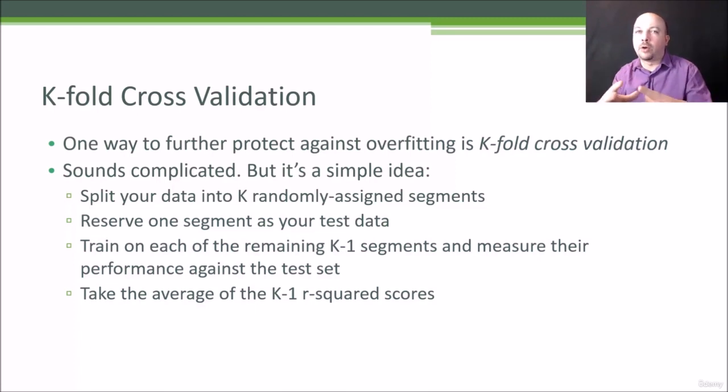And then you take the average performance from each of those training sets' models and take their R² average score. So this way you're actually training on different slices of your data, measuring them against the same test set, and that way if you have a model that's overfitting to a particular segment of your training data, that will get averaged out by the other ones that are contributing to k-fold cross-validation.